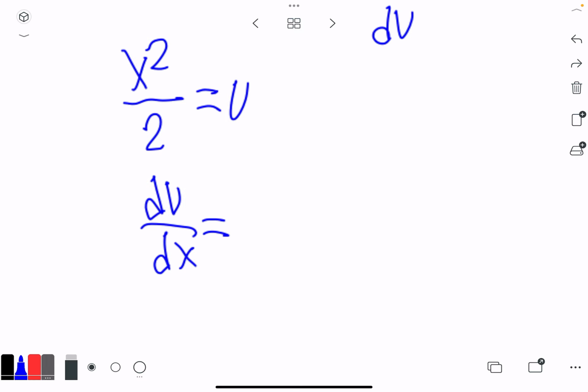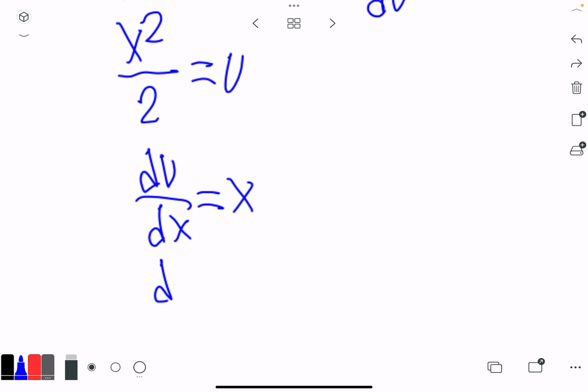It's just x, right? Wait, let me check my answers first. I'm starting to forget how to do this. Okay, so it's x. So now we can write du in terms of x, which is the derivative of u, and dx.